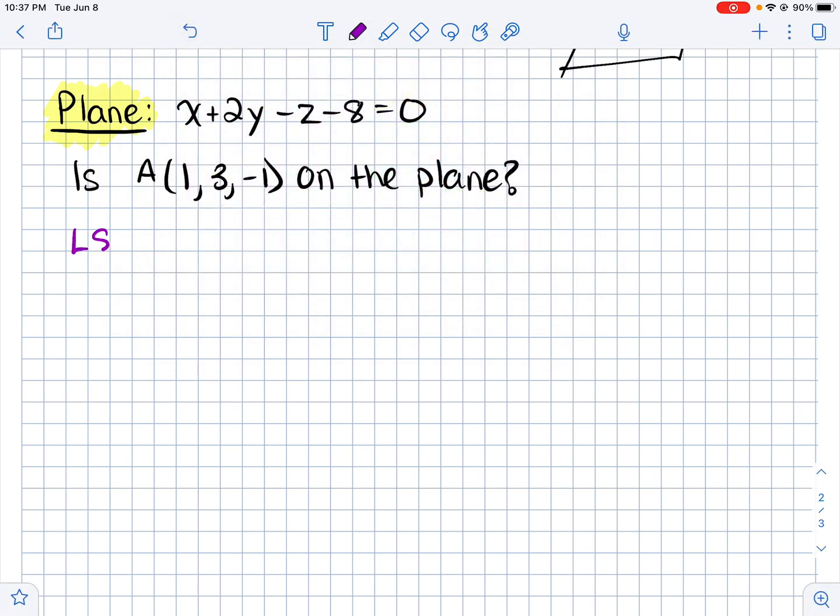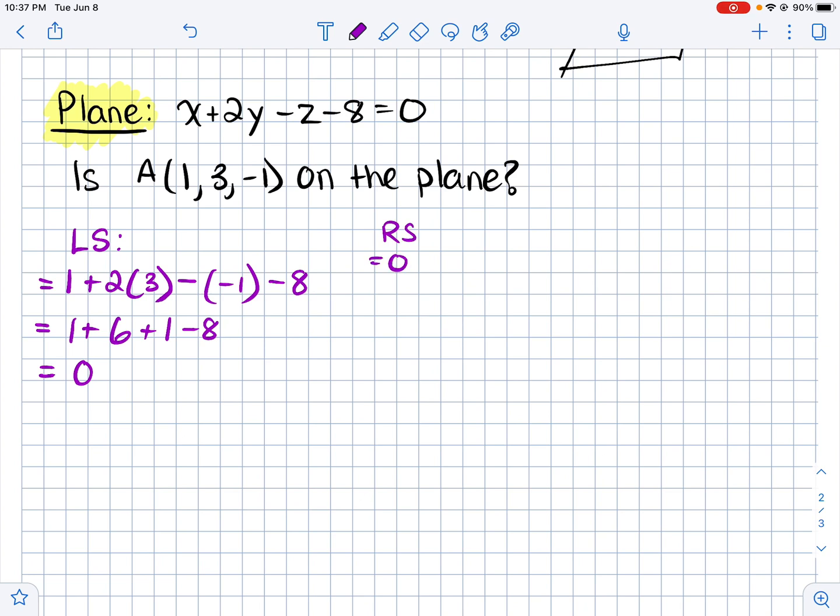So the left side of the equation, after I sub it in, would be 1 plus 2 times 3 minus negative 1 minus 8. So let's check: 6, 7, 8 minus 8, 0. And the right side is equal to 0. So the point is on the plane.